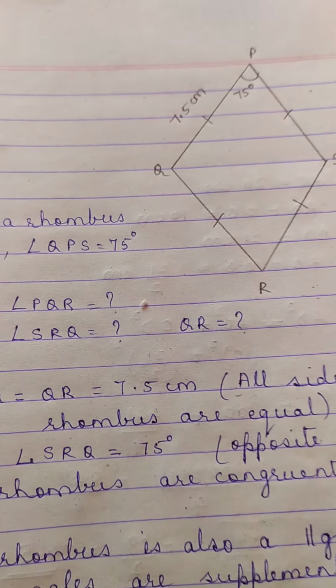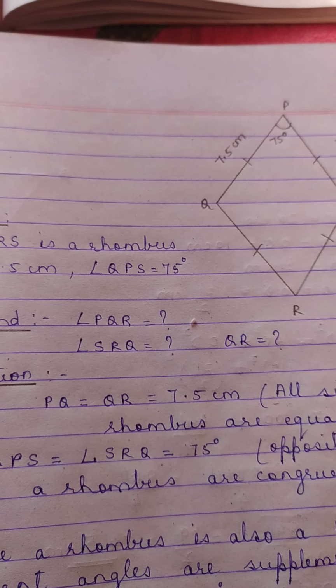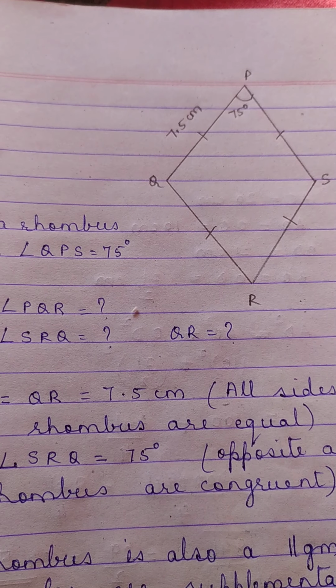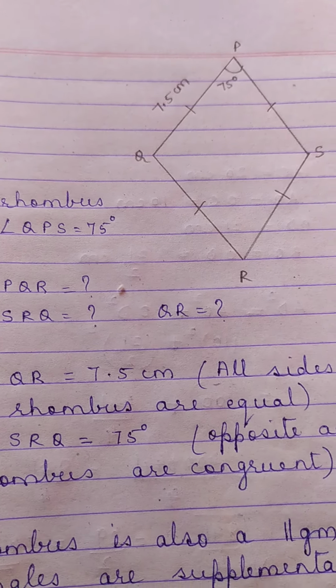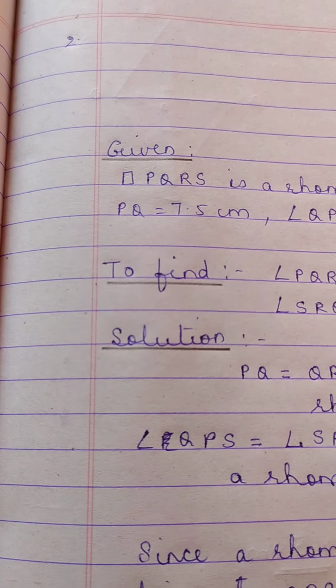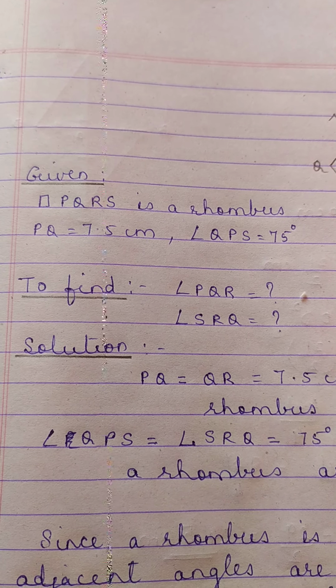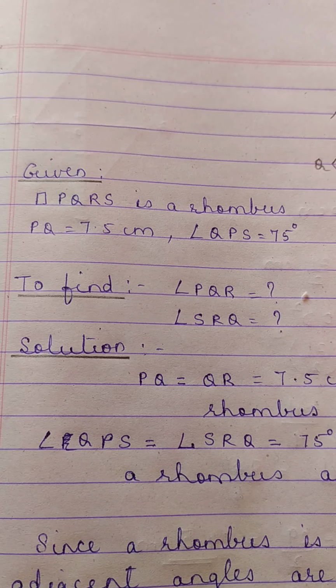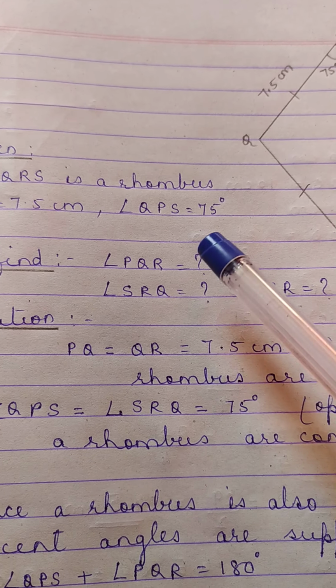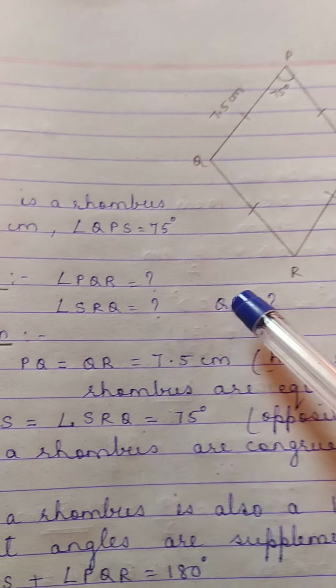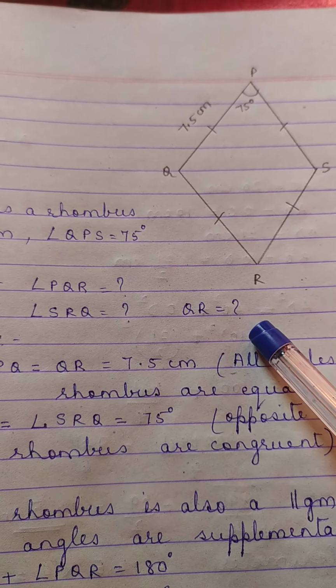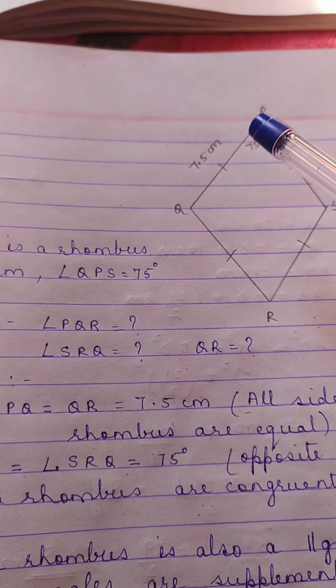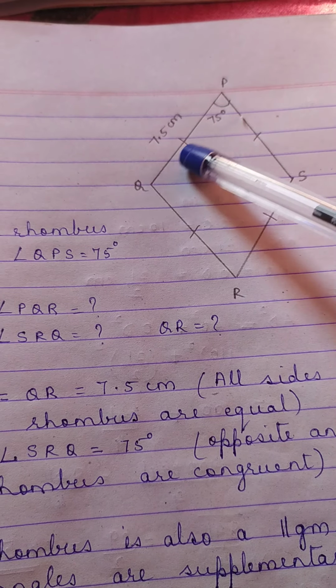Question number 2, the question is, in a rhombus PQRS, if PQ is equal to 7.5 centimeter and angle QPS equal to 75 degrees, you have to find angle PQR, angle SRQ, and also what is QR. Okay. Now, they have given you PQ.